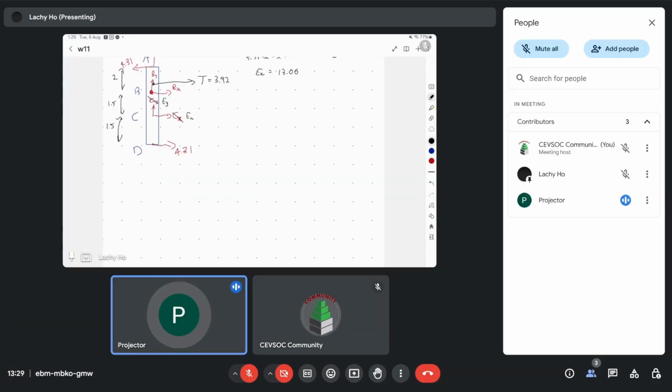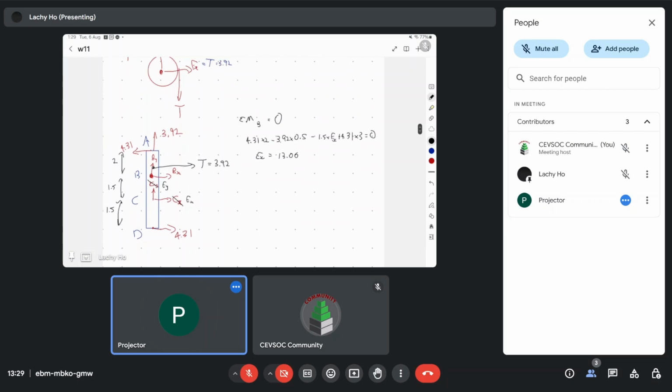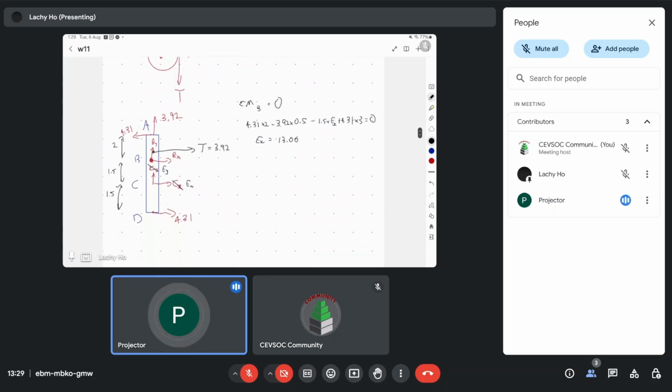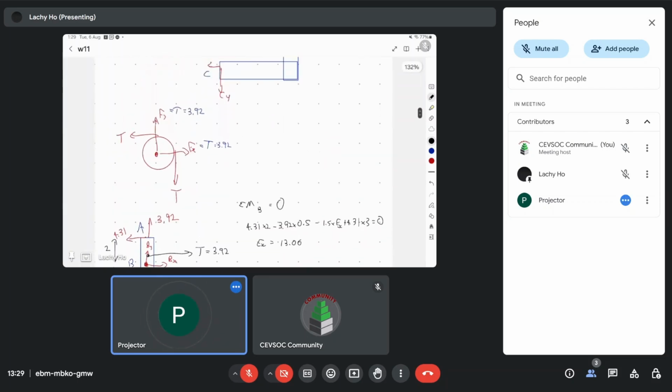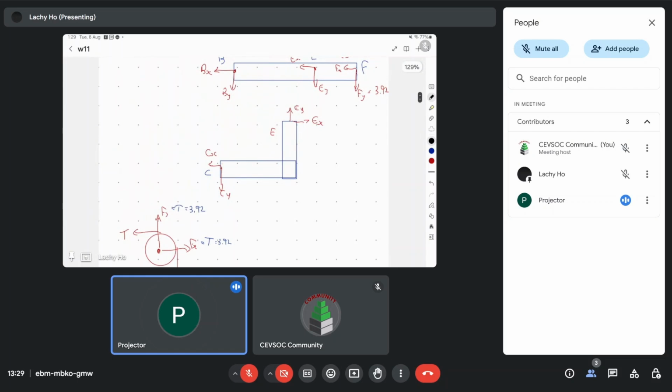Let's keep going through where we're up to. So yeah, we're able to find EX. However, let's look at something over here. So looking at this diagram now, we can see that CX and CY must equal each other.